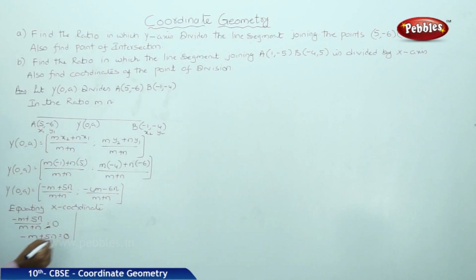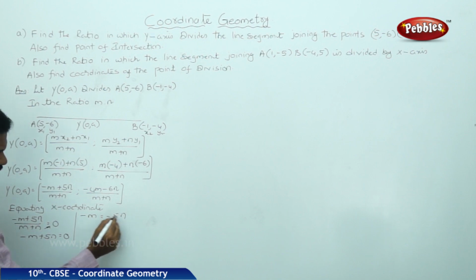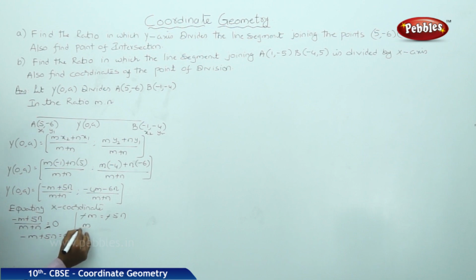Next, minus m is equal to minus 5n, minus gets cancelled, that is m by n is equal to 5 by 1, that is m is to n is equal to 5 is to 1.